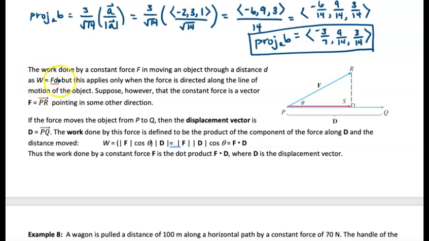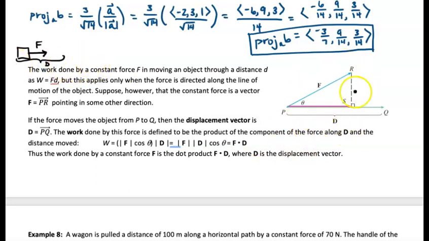However, this goes under the assumption that the force and the direction that the object is moved is the same. So if we have some object and we are putting some force on the object and it moves a certain distance, D, then this is a fairly simple problem.